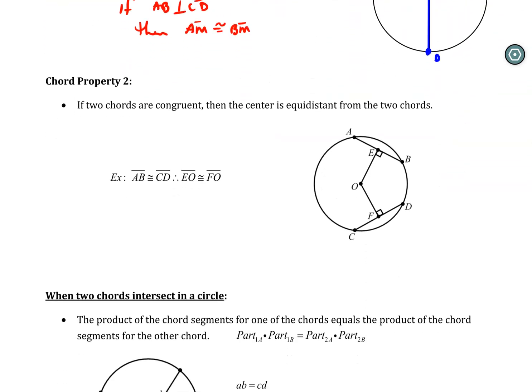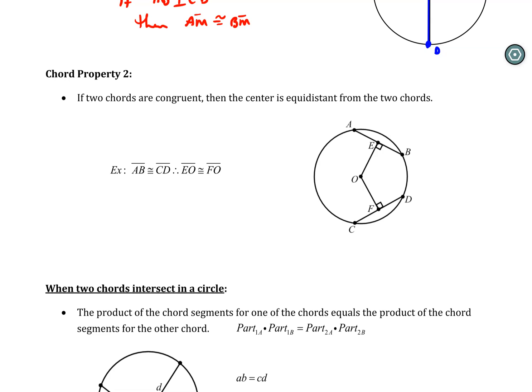The other chord property, not as common to find, but if you do have it, it is very useful. But we'll just want to show you at least about it. If you've got 2 chords that are congruent to each other.